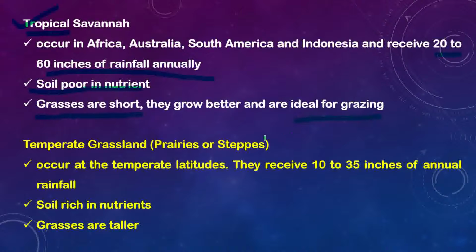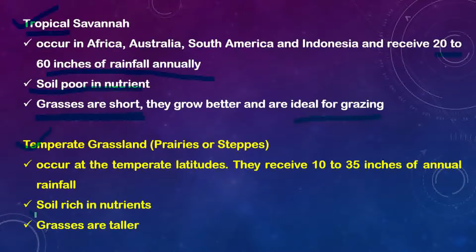That means it is a good land for cattle to graze. Then we'll come to temperate grassland. It is also known as prairies or steppes. They occur at the temperate latitudes and receive 10 to 35 inches of annual rainfall.